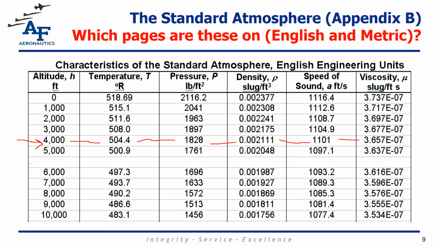If it's not a standard day, you have to go back to the equations, perfect gas law, manometer, or the model equations to calculate values. I'm going to say that again. If the assumption does not say standard day, you can't use all the elements of the table. If it does say standard day or standard atmosphere, you may use all the elements of the standard atmosphere table.